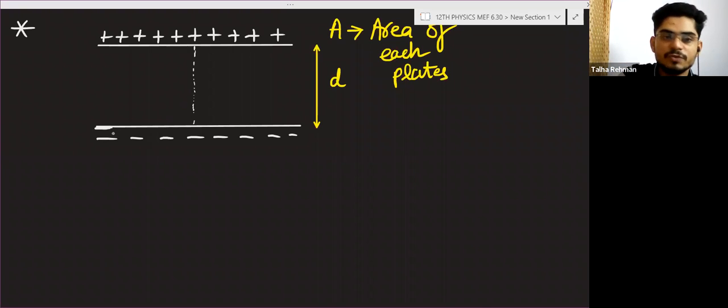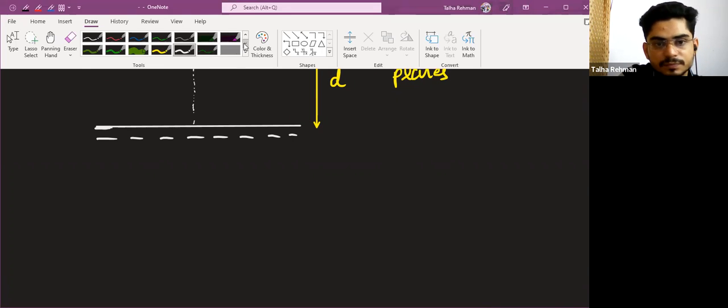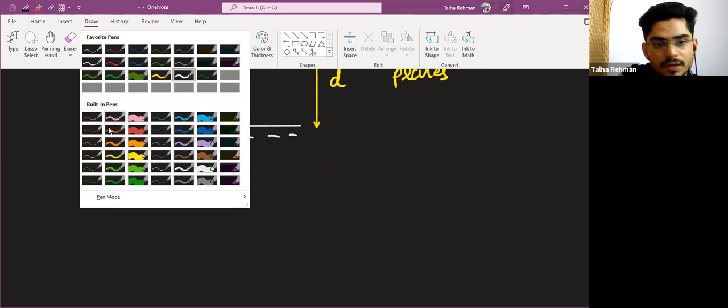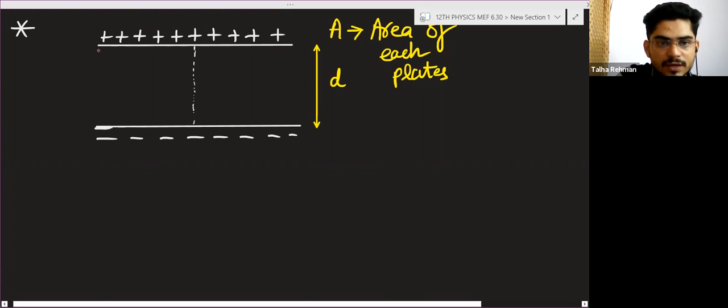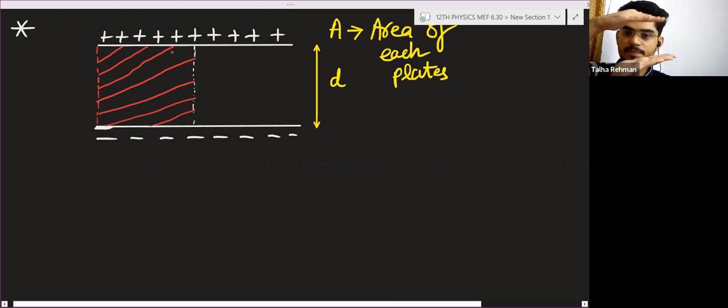Okay, in half of the area I have filled a dielectric. See here, these are the plates.